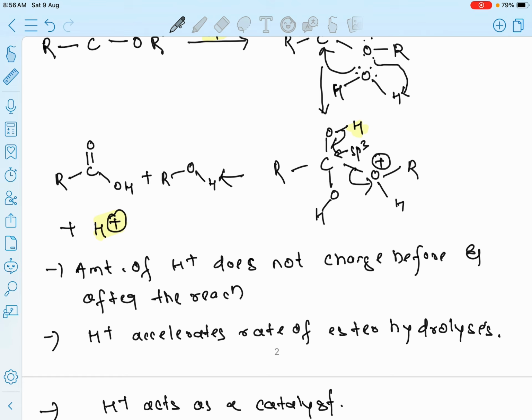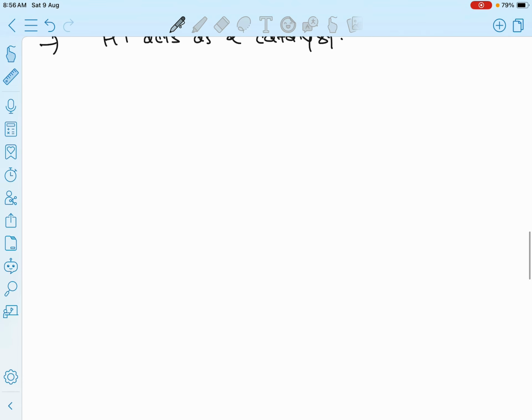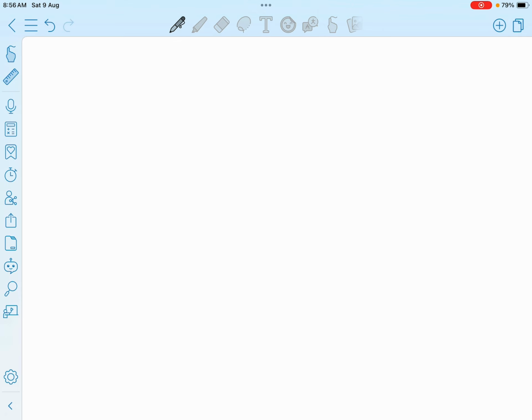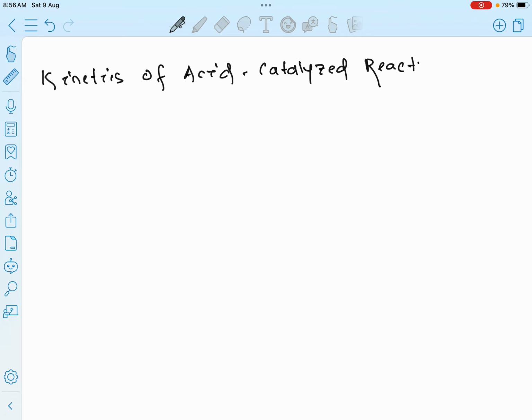Okay, so this is the possible mechanism, but we will try to understand the kinetics of these acid catalyzed reactions. So let us start the kinetics of acid catalyzed reactions. Kinetics of acid catalyzed reaction.